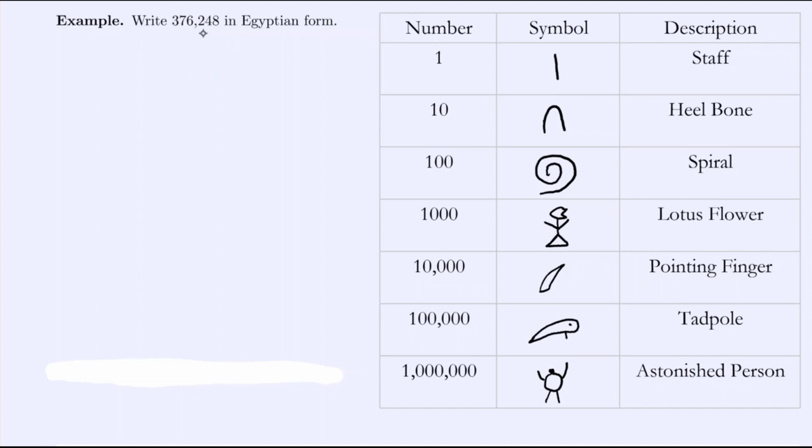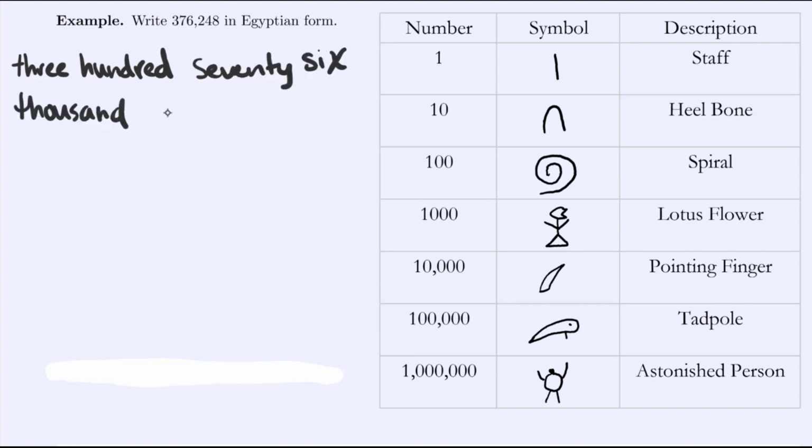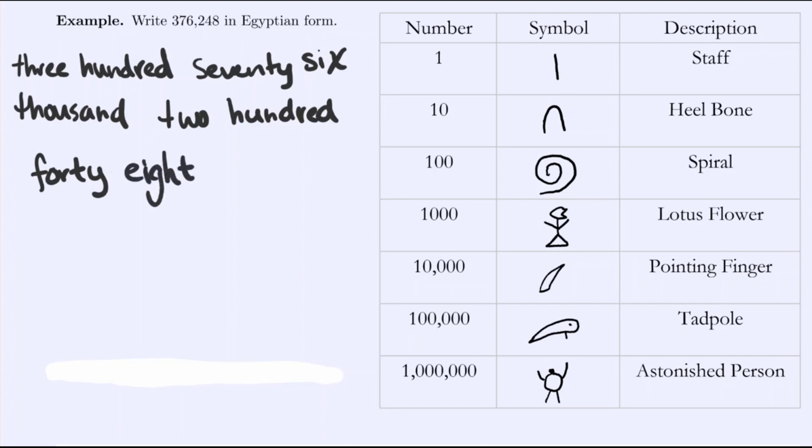Now, I think the easiest way to think about it is just not to stress about it too much, because you've been working with these numbers your whole life, so you have this inherent knowledge about them, where if I asked you to read this number out, you would clearly call it 376,248. So we would know how to express this number if we were just asked to read it.